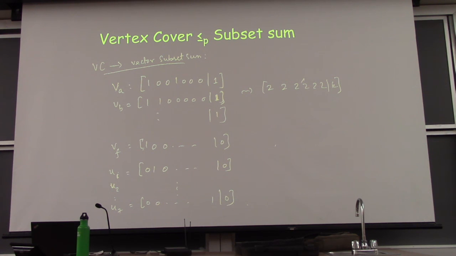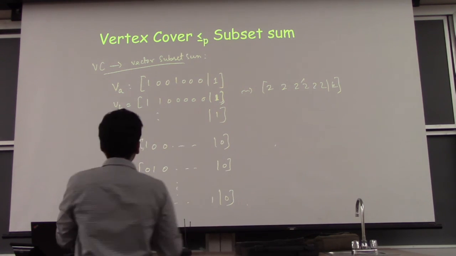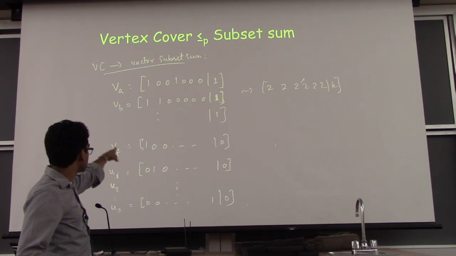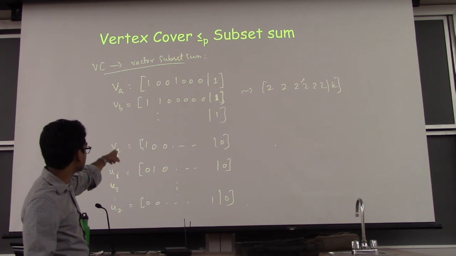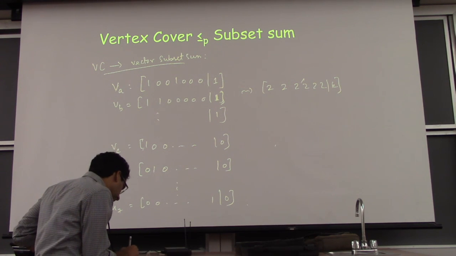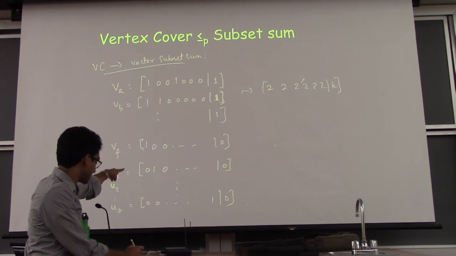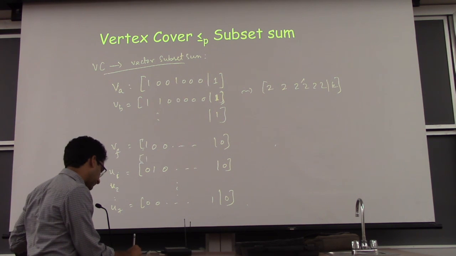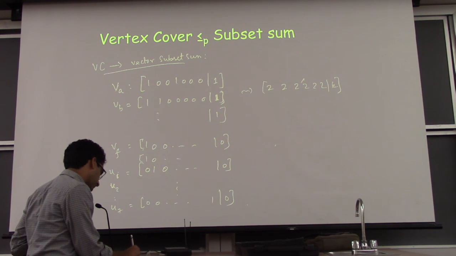So how do I get all 2's and a k? It should be all 2's and an n, if all are picked. That's the thing. I also have these extra vectors that I could use. These are basically diagonal things, right? The first vector has just 1 in the first position. So it has 1 here, 0 here, and 0. Oh, okay. So this is what it is.